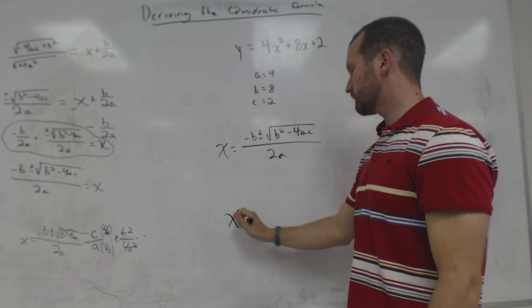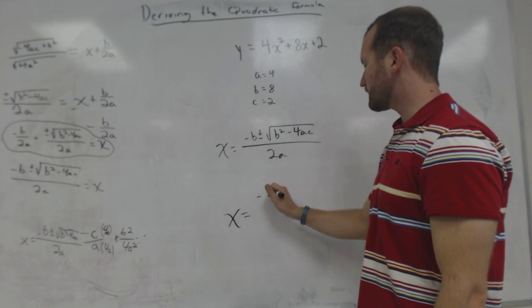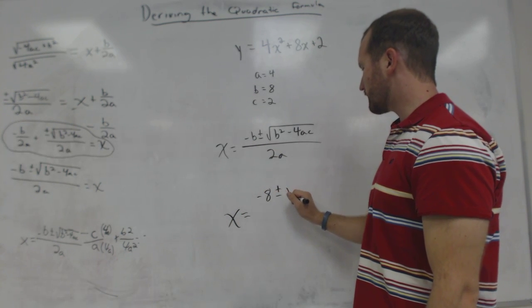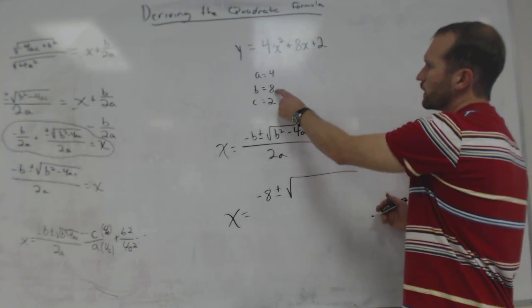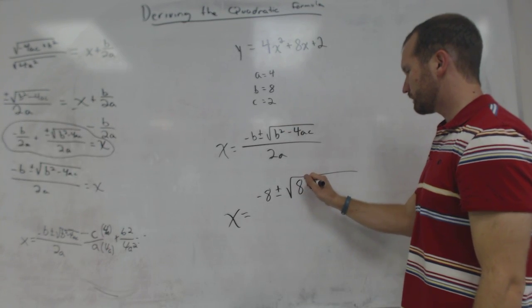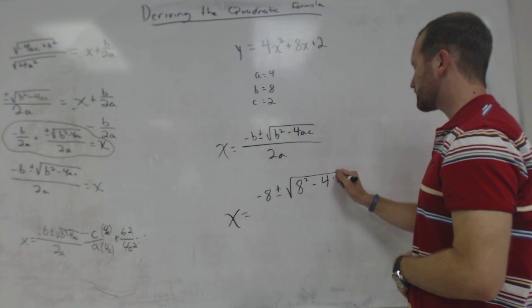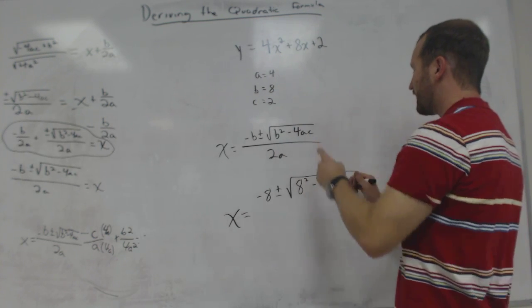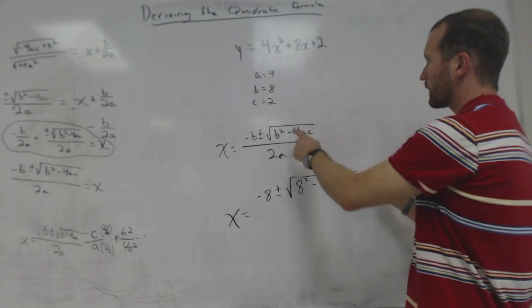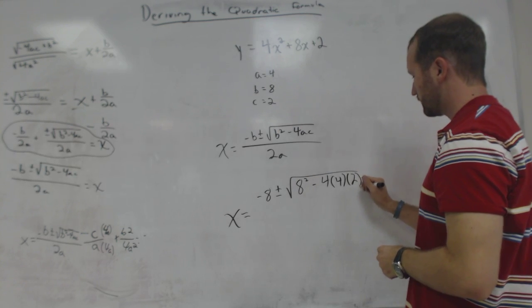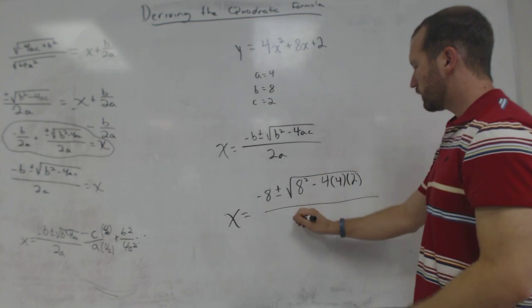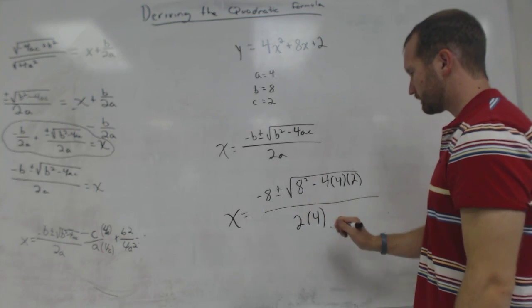X equals negative b, which is negative 8, plus or minus the square root of b squared, 8 squared, minus 4 times a, which is 4, times c, all over 2 times a.